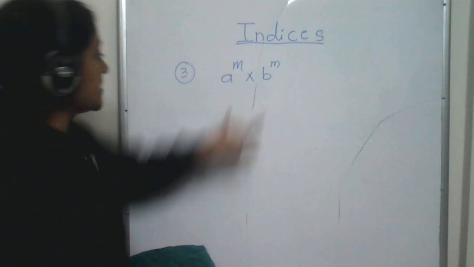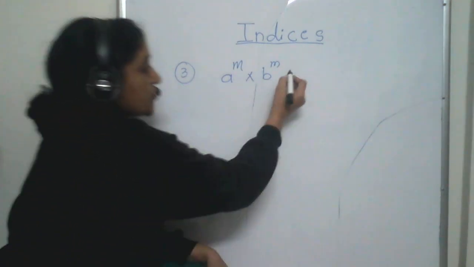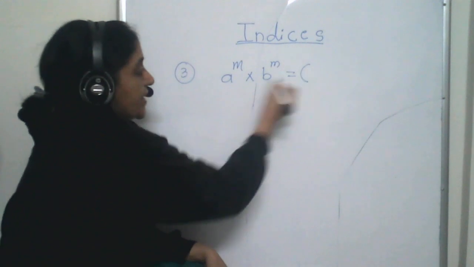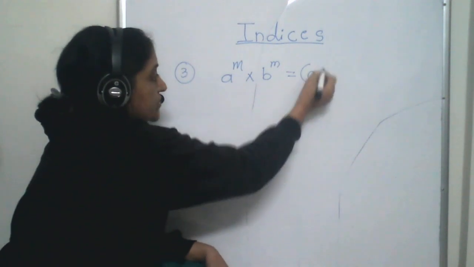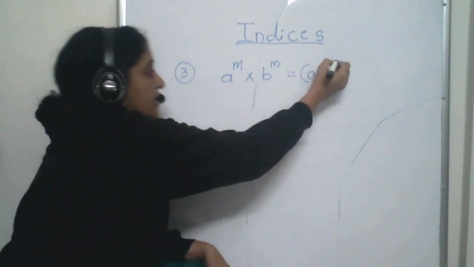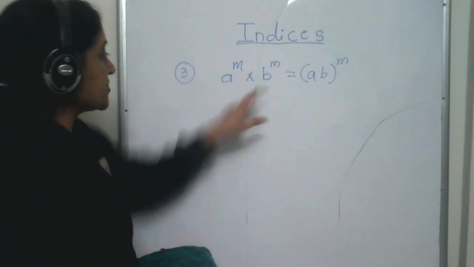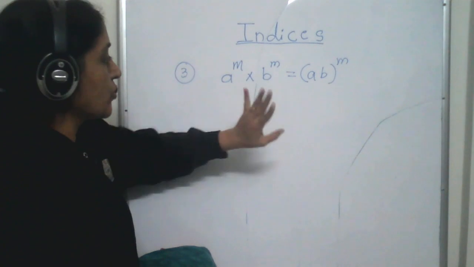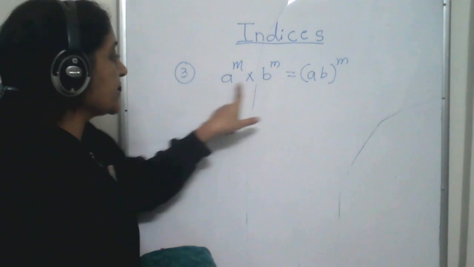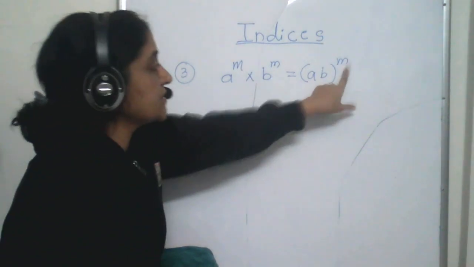Now you can see that the bases are different but the exponents are the same. So at that time what we are supposed to do is multiply the bases and keep the exponent the same. It doesn't mean you are going to add m and m. No, it means you are multiplying the bases but keeping the exponent as it is.